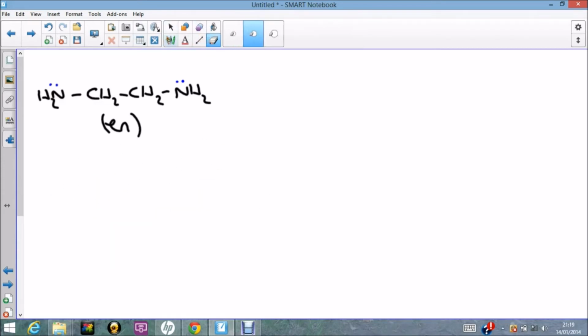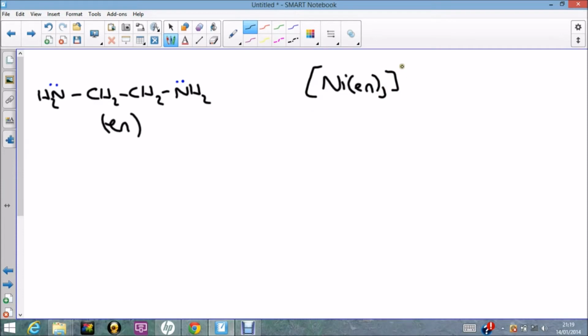So next example, sticking with this bidentate ligand, we're now going to draw the complex Ni(en)3, and that's going to be 2+.